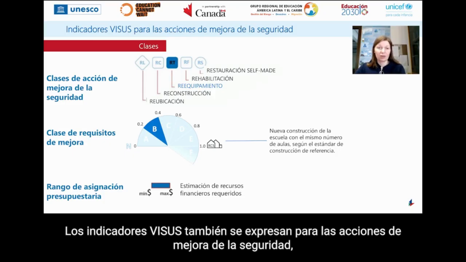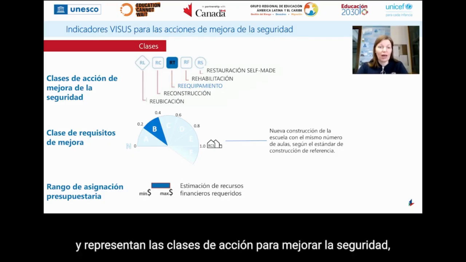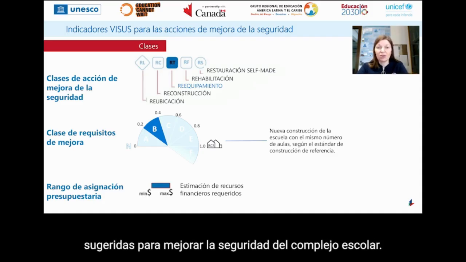The VISUS indicators are then expressed also for the safety upgrading actions, and they permit to represent the safety upgrading action classes suggested in order to upgrade the safety of the school complex.